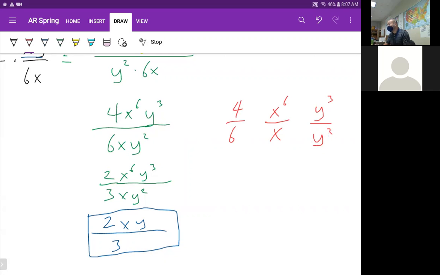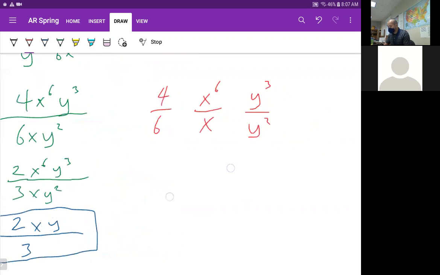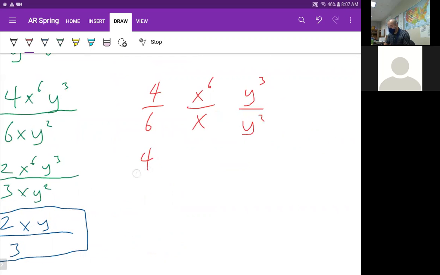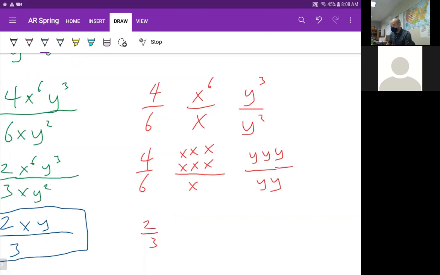To make it even more simple looking, you can do it like this: 4 over 6, and then 1, 2, 3, 4, 5, 6, and 1 down here. And there's 3 y's, and then there's 2 y's. So this is how simplification works. 4 divided by 6 is the same thing as 2 divided by 3. For this one, these cancel out. So you're just left with 5 x's.